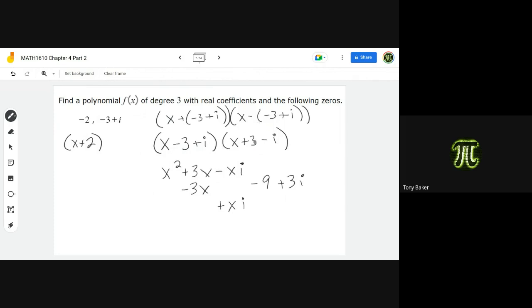Hold on. So that's positive 3i. And that positive. Wait, hold on. Did I screw up my sign somewhere? My i's cancel out. Why aren't my i's canceling out?